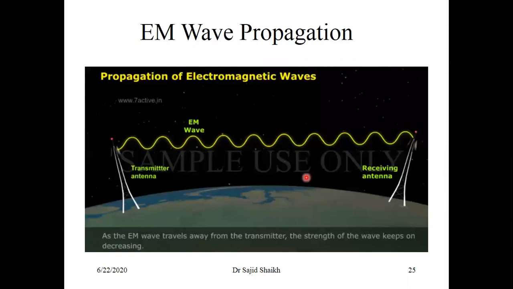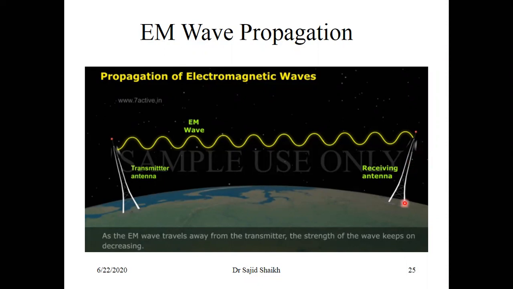Now, what is the next type? One more important thing you have to understand is that the distance between the transmitting antenna and the receiving antenna should not be very high. In a limited range you can transmit the signal. If you further increase the distance, what happens? Suppose in this example I increase the distance from the transmitter station to the receiver station.